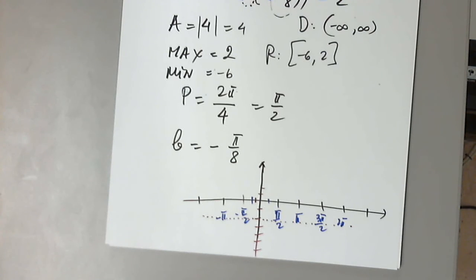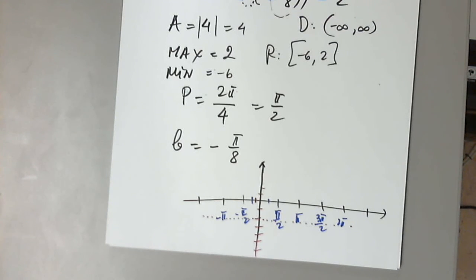So remember, cosine looks like this, like a vase, right? Since there is no reflection, if there is a reflection, then it will look like this. But there's no reflection. We don't multiply it by -1 outside. So it looks like this. It's just shifted to the left and stretched. Shifted to the left and stretched.